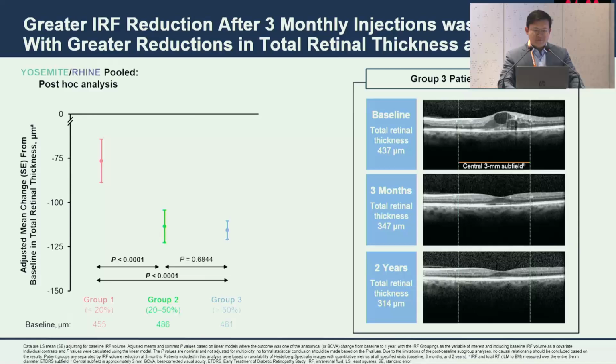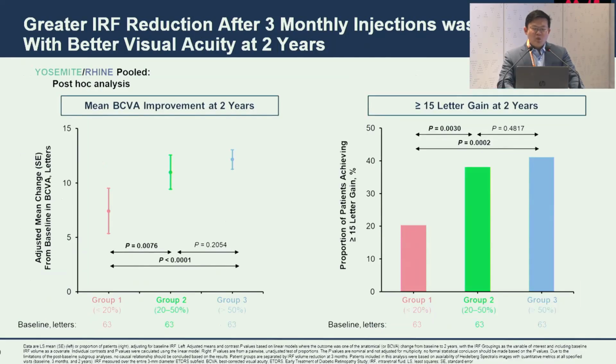We also then looked at how this reduction of IRF volume after 3 months was associated with the total retinal thickness at 2 years, and again, a similar relationship was identified. We then looked at the anatomical change associated with the best corrected visual acuity at 2 years.